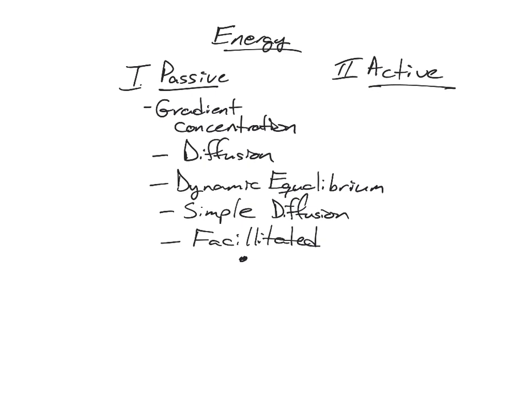Channel proteins, channel proteins are one. Spelling's always been a weakness for me. Channel proteins, and what's the other one? Carrier proteins. So those are two kinds of facilitated diffusion you need to know.